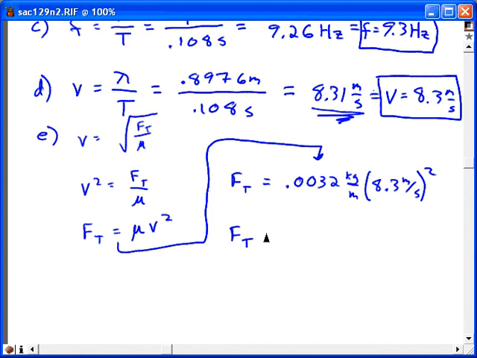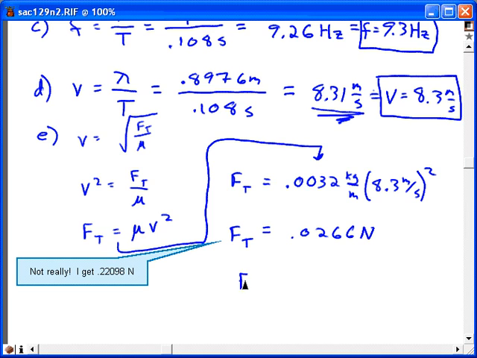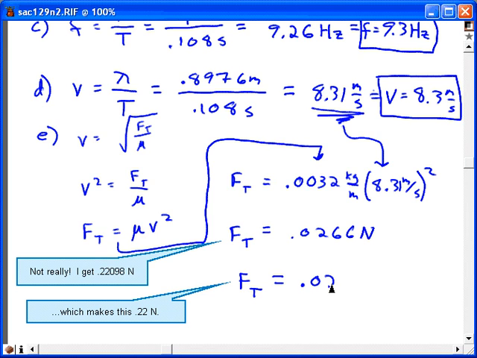So F sub T is 0.0266 newtons, which to 2 sig figs. I guess I actually wanted to use the intermediate result. I said I was going to use that result, and in fact, when I plugged it into the calculator, I was using that result. So the tension in the string has got to be 0.027 newtons.